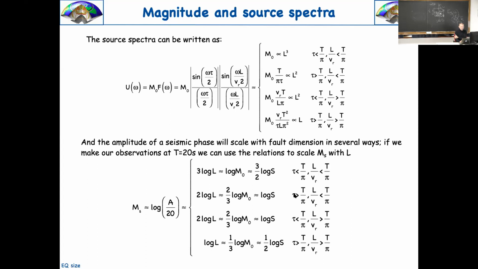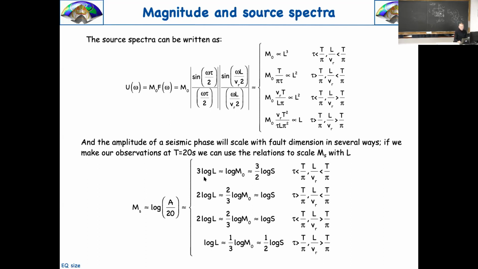This domain here, tau is larger, and this is smaller. That's not for the earthquakes. But what about this? Oh, yes, rise time is less than, rupture time is larger than. And these different domains correspond to different behaviors, scaling with length, M0, and area. So something that could be measured.